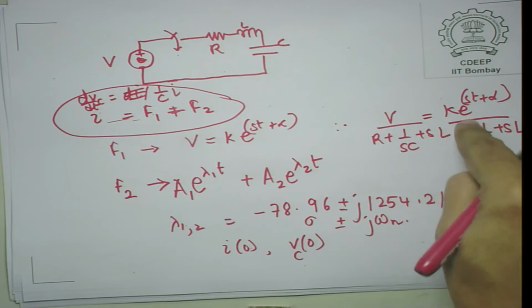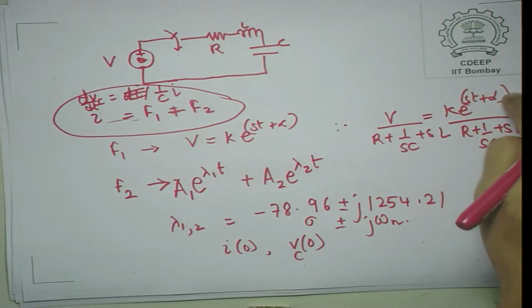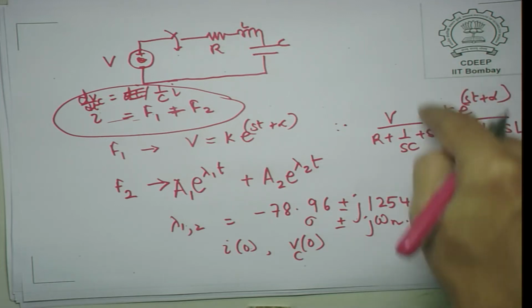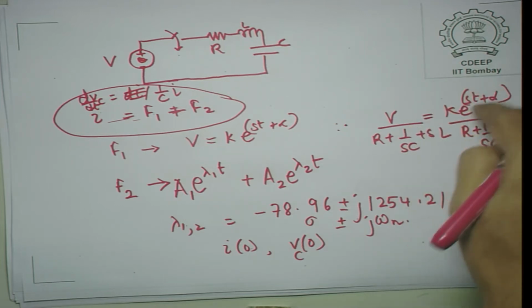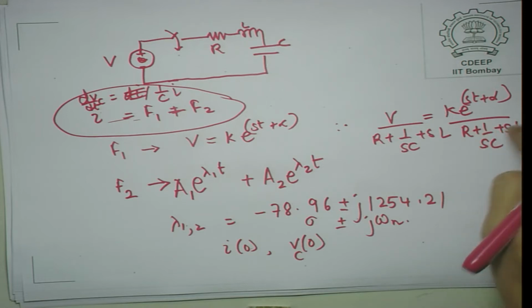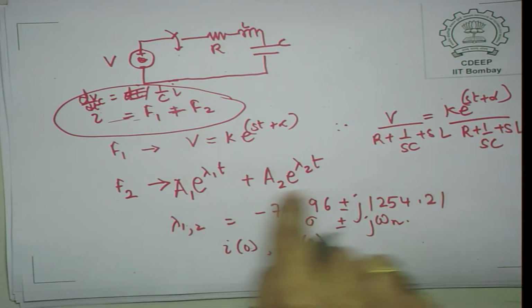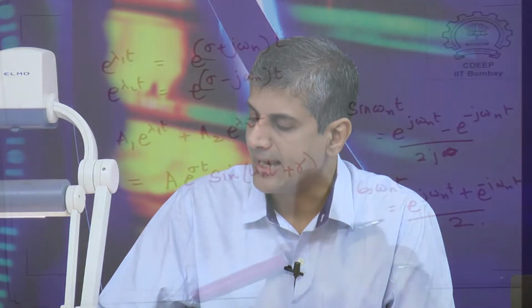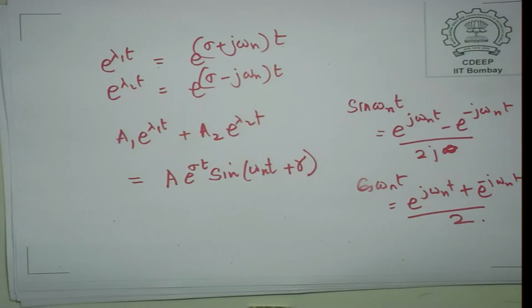If your input is k e raised to st plus alpha, the forced or rather I should say the steady state response is given by k e raised to st plus alpha upon r plus this, and the natural response is given by this. The values of A1 and A2 and equivalently A and gamma are such that the initial conditions of the circuit are satisfied.